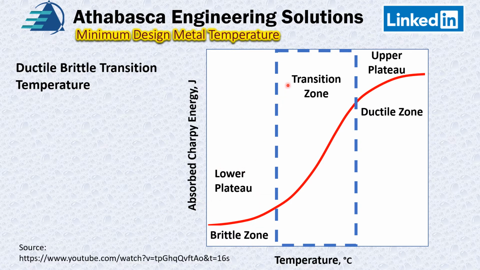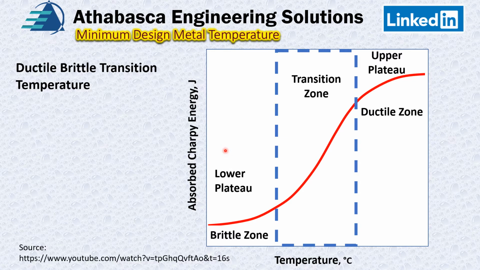This other zone is called the transition zone. It's sort of a gray area where it's not always certain where it ceases to be ductile and becomes more brittle. But obviously the designers don't want to be in this area. There's a great video here on how a Charpy test is performed by a lab, and there's a source there if you wish to watch that.